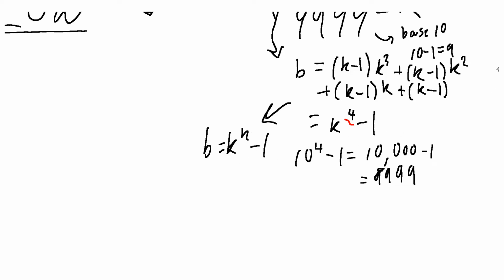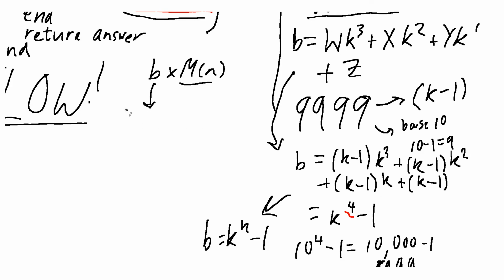Now we can put this into our expression for the amount of steps this algorithm will take: k to the power of n minus 1 times m of n. However, in asymptotic notation, we only look at the fastest growing factors of an expression, and in this expression we have an exponential factor and a constant factor, just minus 1 and k to the n.